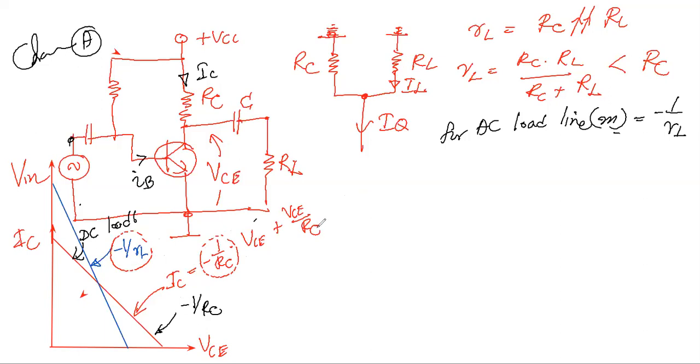Then I will try to derive the equation for the collector efficiency. I can write down the PDC. PDC equal to VCC into IQ. IQ is this amount, the middle point current.